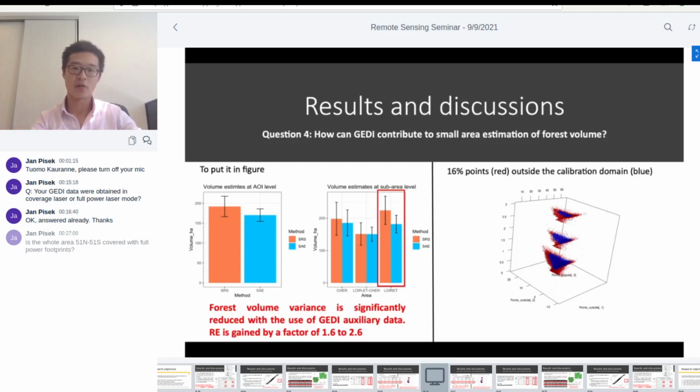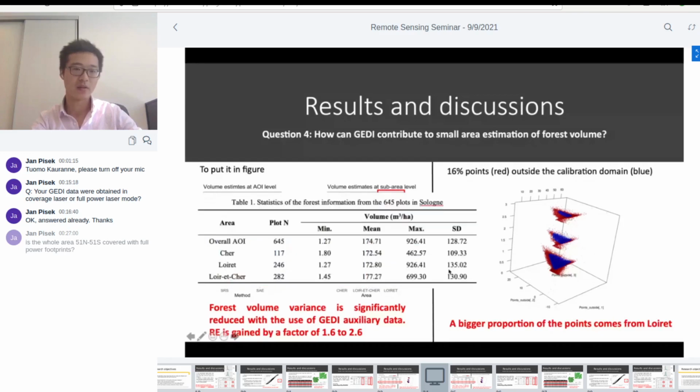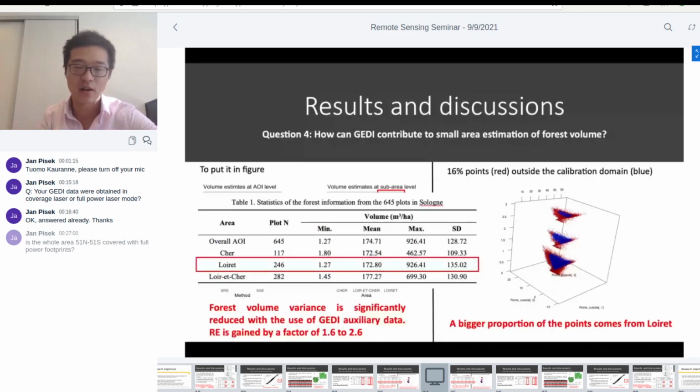And then if we look at the variance at each department, we see that actually Loire has the biggest standard deviation in terms of forest volume, and also you see the maximum is very much larger compared to the same values from other departments.